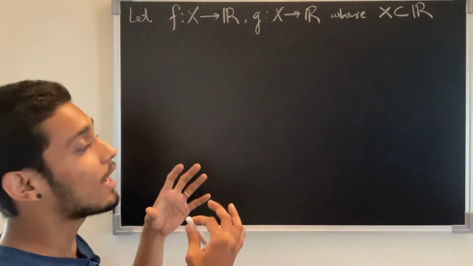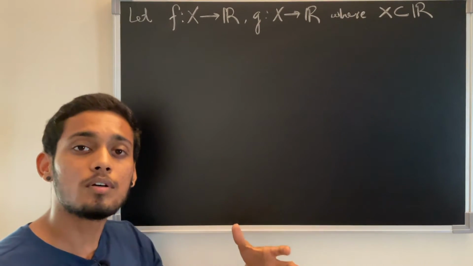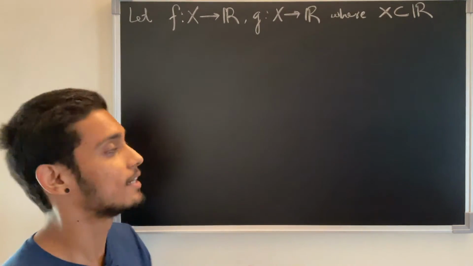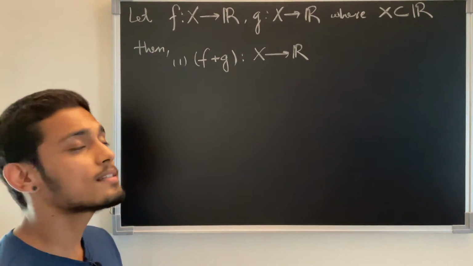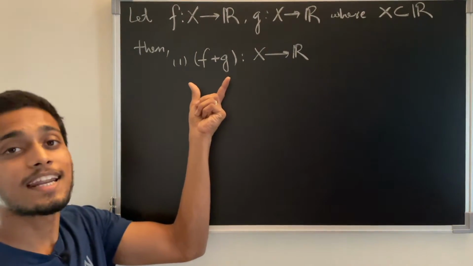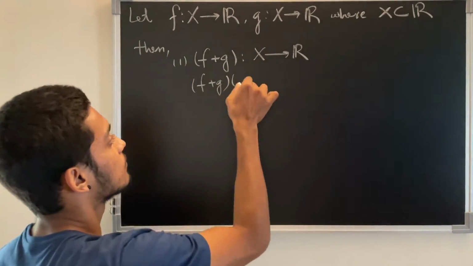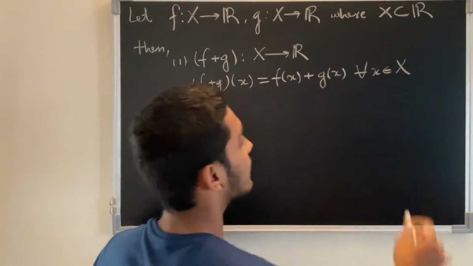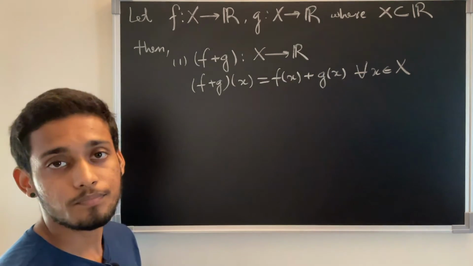Now I want to say that the function f plus g is also a well-defined function. What it means is that this particular function f plus g is also taking the elements from x to R. That's it. For all the elements in the domain, this holds true.